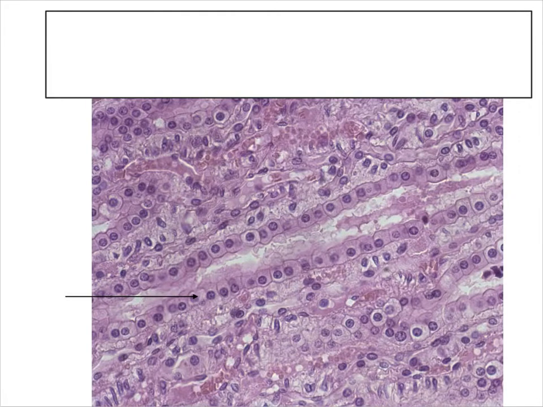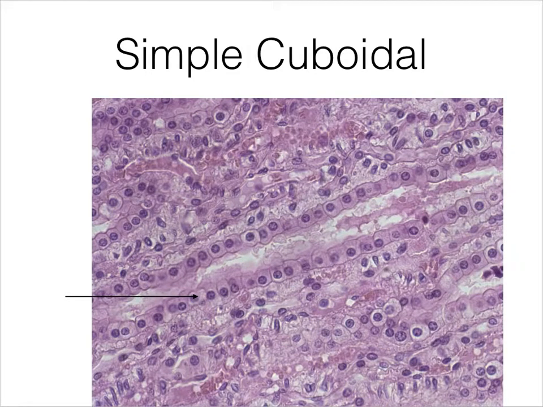Okay, this one is simple cuboidal. So if you look here, you will see that these cells here, where the arrow is pointing at, are facing into this inner area, which is empty. That's a lumen. And each of these cells is densely packed next to the cells next to it.